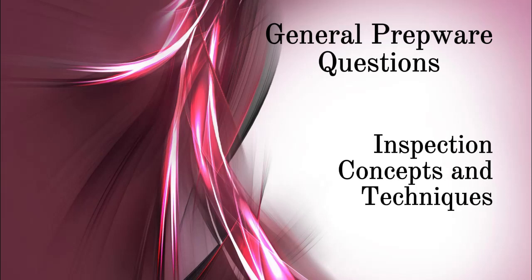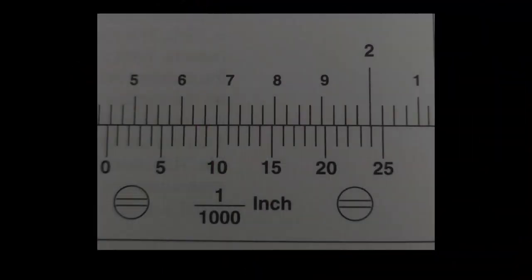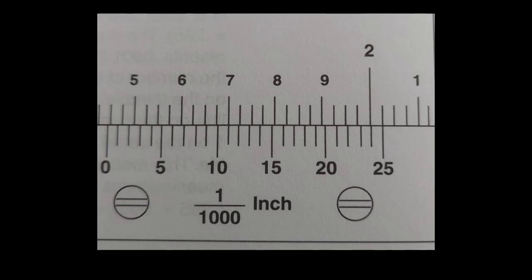The side clearances of piston rings are measured with a thickness gauge. Refer to Figure 47. What is the measurement reading on the vernier caliper scale? 1.436 inches.